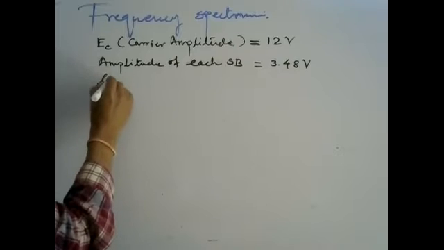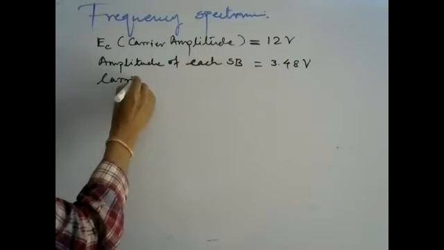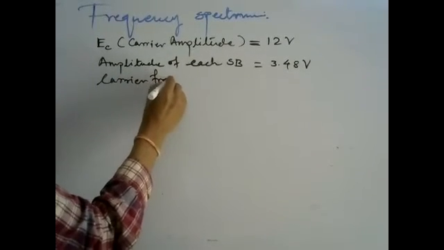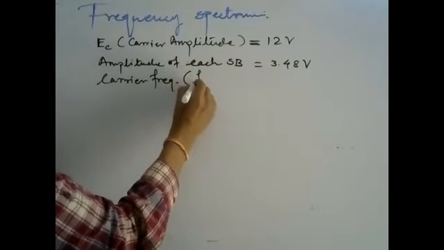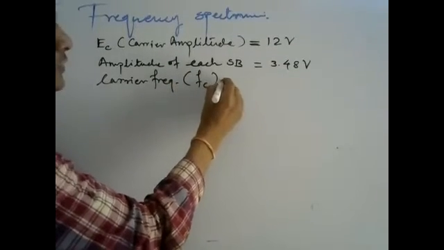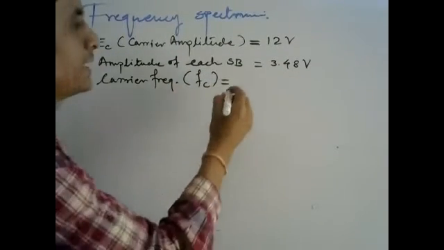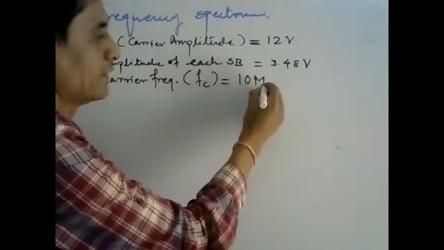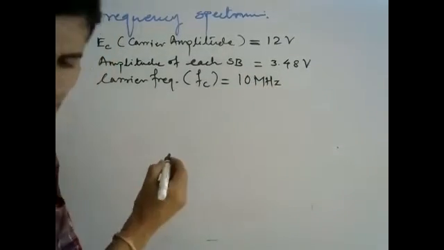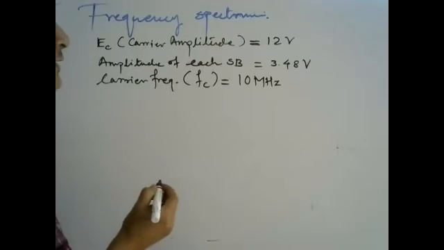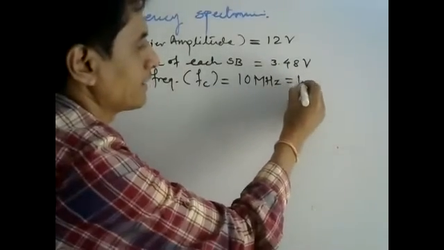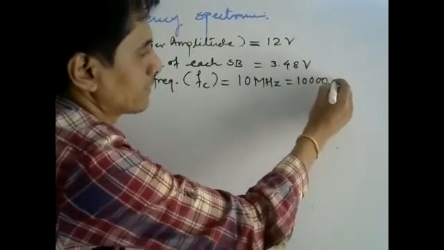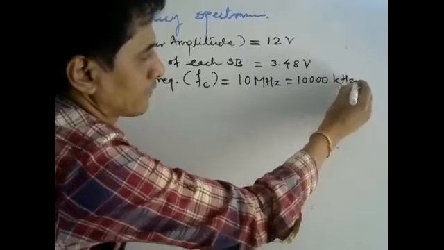Carrier frequency, that is FC. What is the FC? 10 megahertz. Dear student, 10 megahertz can be written in kilohertz as 10,000. Okay?